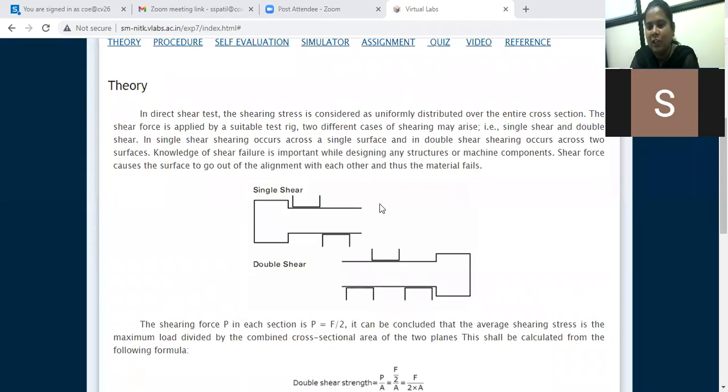If shearing occurs in a single cross section, this is called single shearing. And if shearing is in two planes, suppose I have attached three plates here: this is my first plate, this is the second plate, and this is the third plate, and I have fixed this. So here shearing is 1 and below shearing is 2. Shearing occurs 2 times, so this is called double shearing.